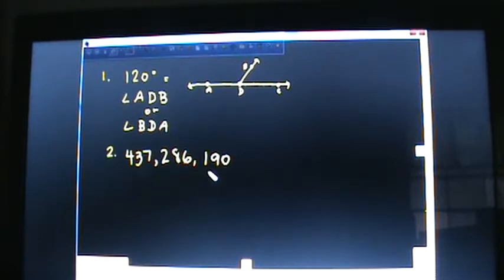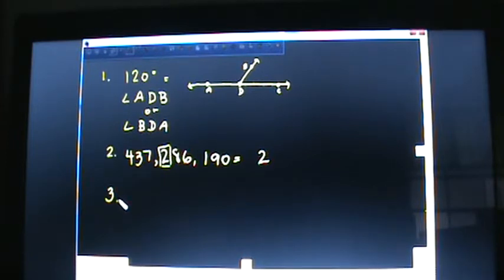The hundred thousands. So 190 is in the hundreds place. This would be the thousands place. So we have 1,000, 10,000, 100,000. So our answer would be 2. The 2 is in the 100,000 place.